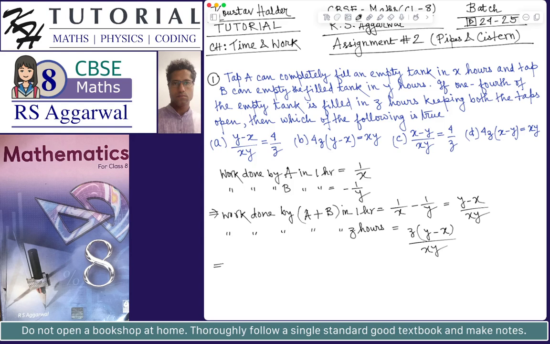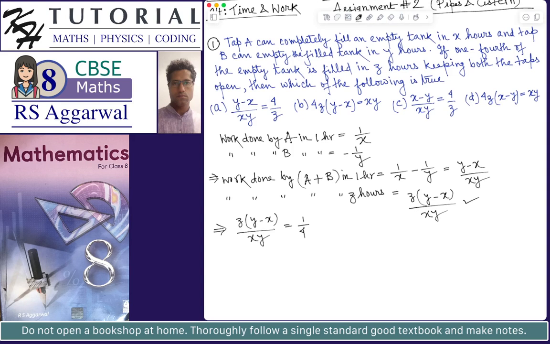So Z multiplied by (y minus x) divided by xy should be equal to 1 by 4.